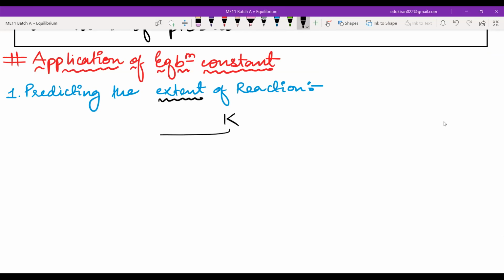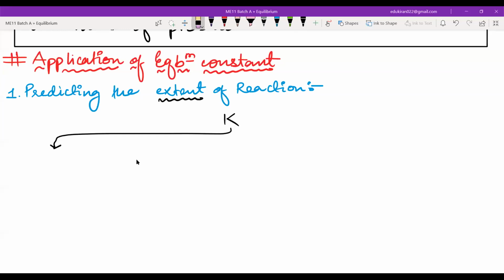For the extent of reaction, we have divided the K into 3 parts. If K is less than, and it is very weird to write the inequality.